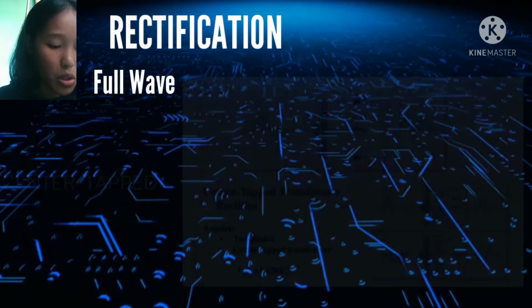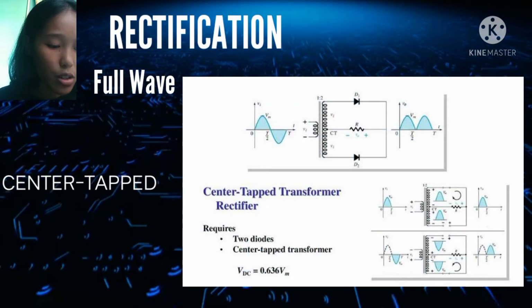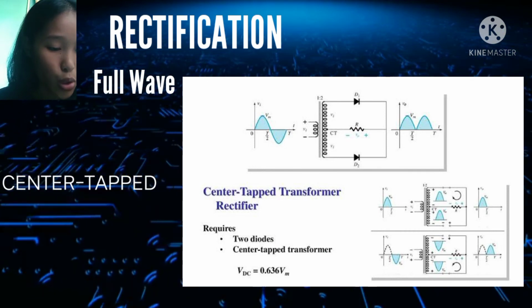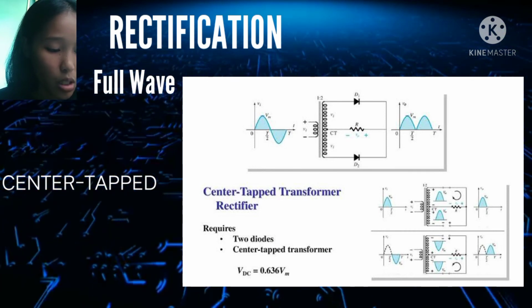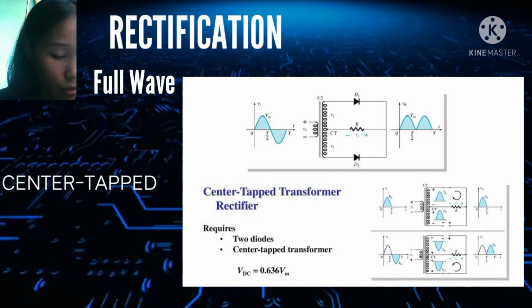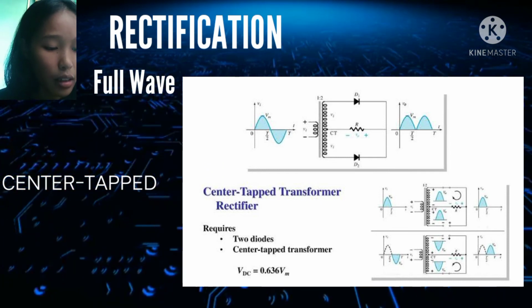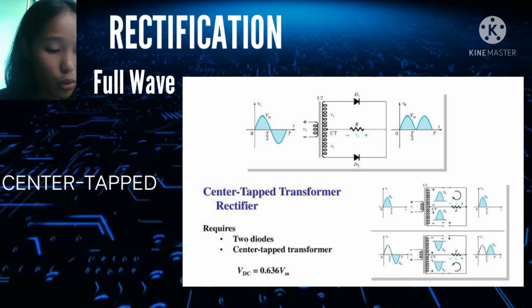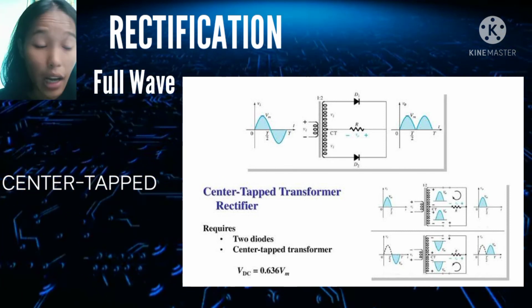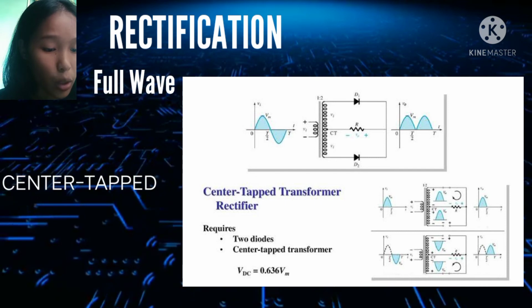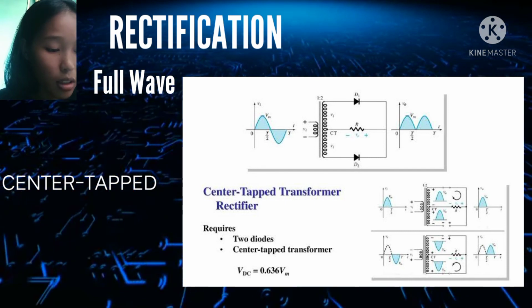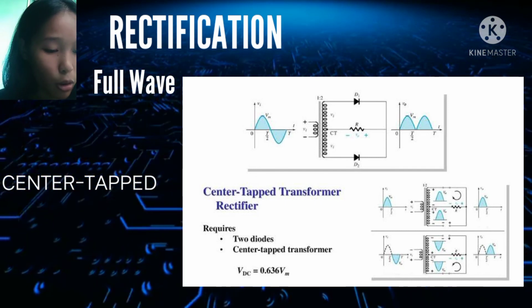So next naman is yung center tap transformer rectifier. So here we are going to use only 2 diodes. So as you can see here, in the first example, the direction of the current is equal to the direction of the diode 1. So our diode 1 will be short circuit and our D2 will be open circuit.